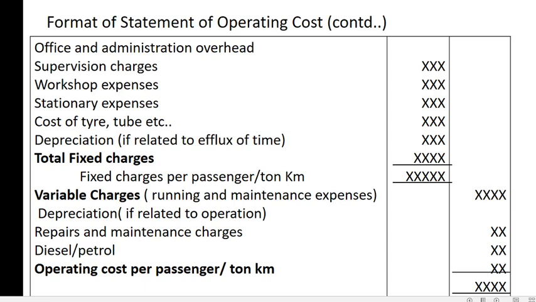And then we see the variable charges: depreciation if it is related to operation, repairs and maintenance charges, diesel or petrol charges, and we have the operating cost per passenger or ton kilometer in a transport company. This is the format of statement of operating cost sheet for a transport company.